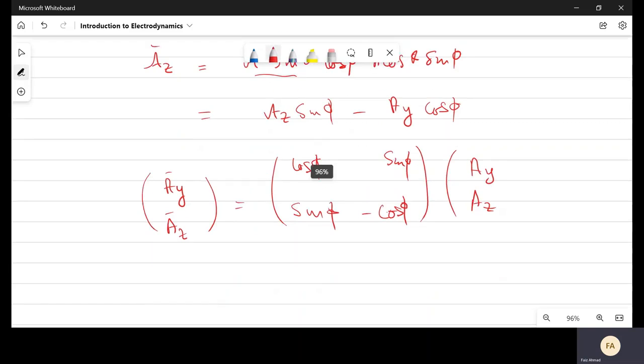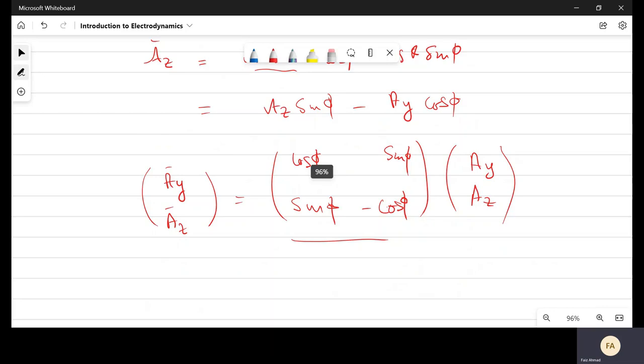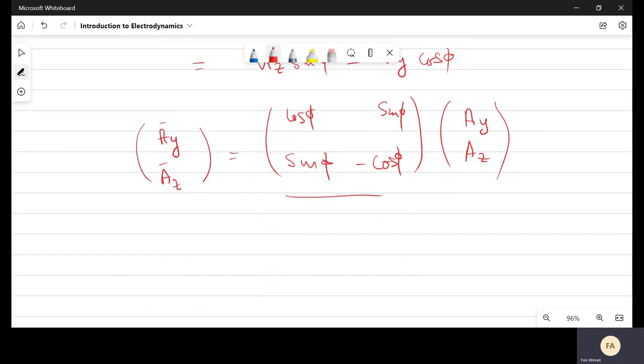So in matrix notation, we just transform the coordinate system and we have a transformation of components from one coordinate system to the other related through this matrix. If we perform this transformation on vectors m and n, you will find they do not follow the transformation law. So for a vector, there is an additional constraint that it should follow the transformation law.